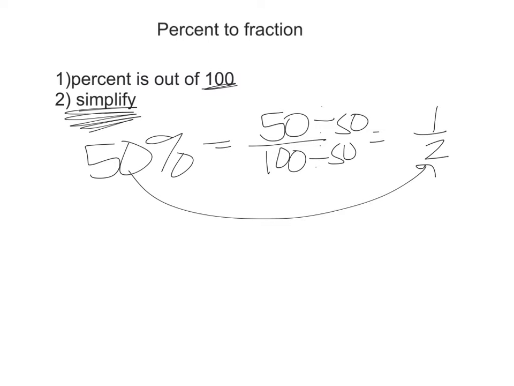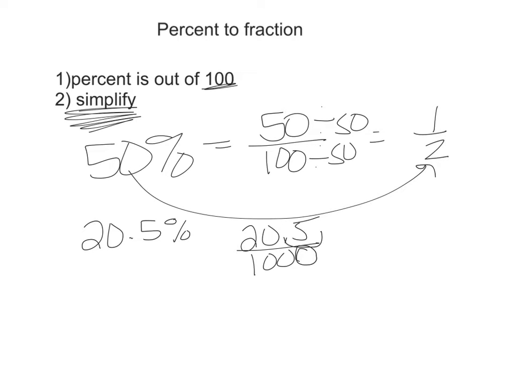Where it can be tricky is if I have 20 and 5/10%. I can't have a decimal and a fraction at the same time. So I want to think about it as 20 and 5/10 over 100, but I've got to get rid of that decimal, so I move that to the right, and by doing that I actually have to add a 0.